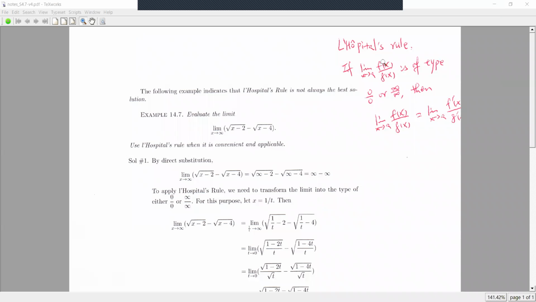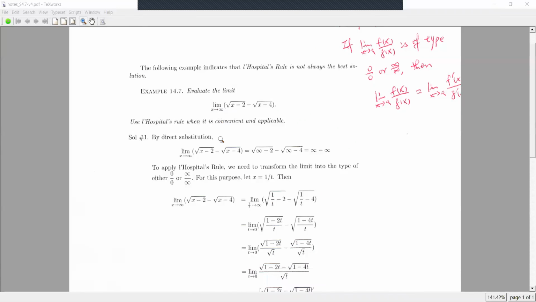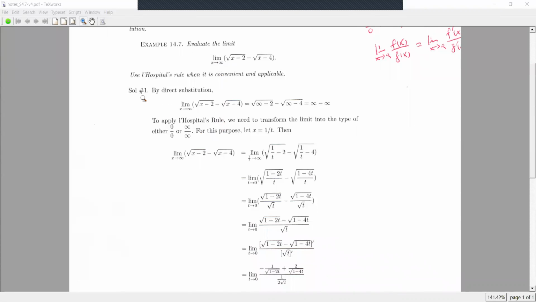Yes, L'Hopital's rule is powerful in the computation of a difficult limit. But sometimes the solution through L'Hopital's rule is tedious, as in the following example. Example number 6. Evaluate this limit where x approaches positive infinity. Now solution 1.